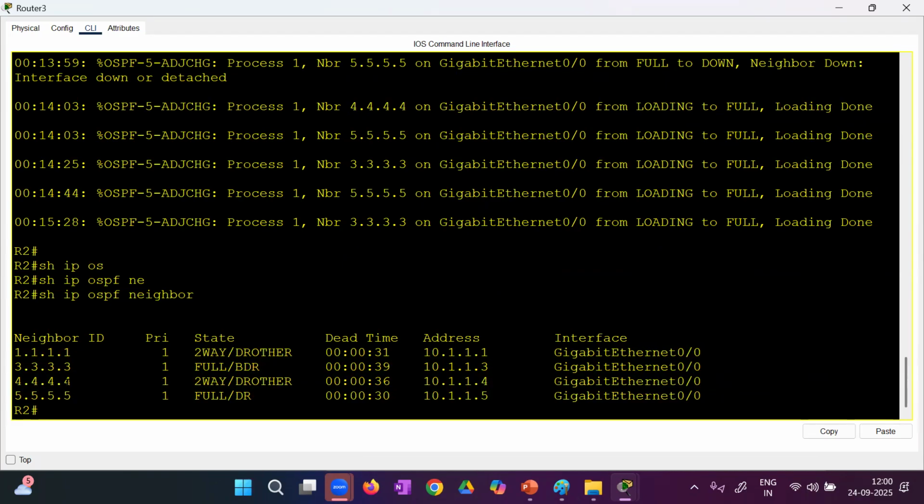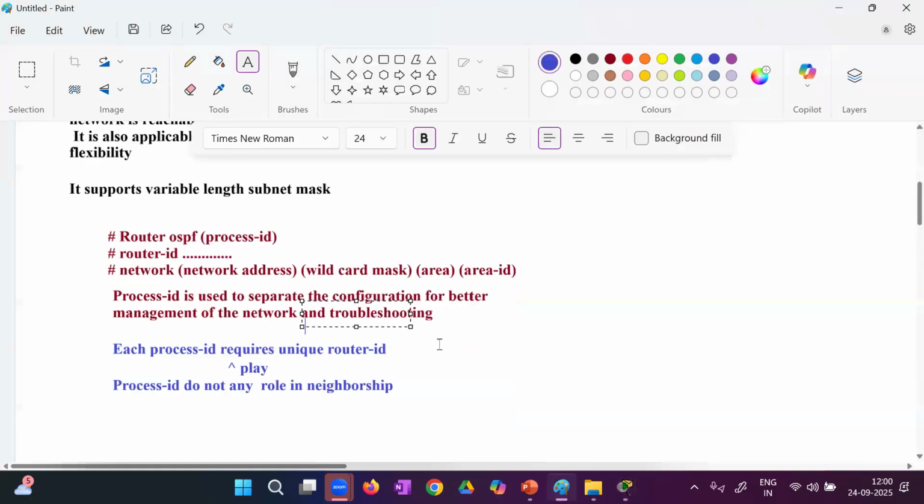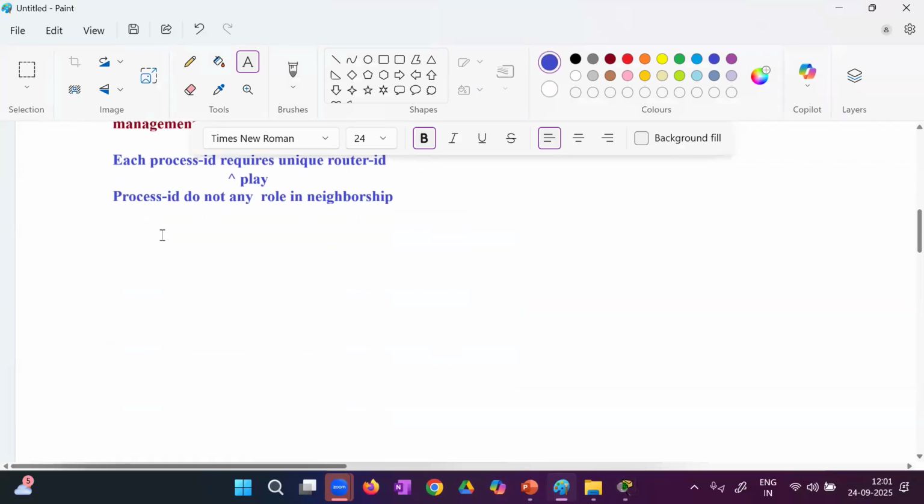It means that router ID can also be called the neighbor ID. Router ID can also be called the neighbor ID. And to check the neighboring information, what command do we write? What command do we use here? Show ip ospf neighbor.